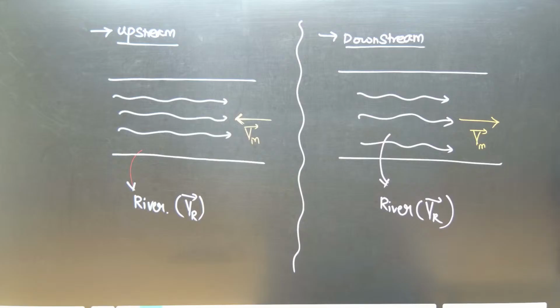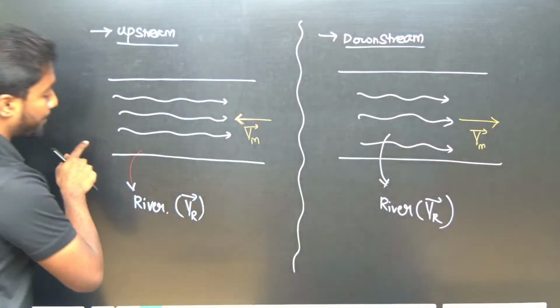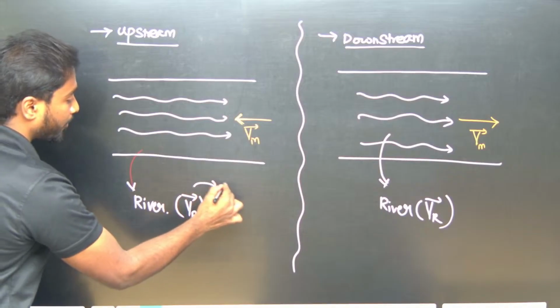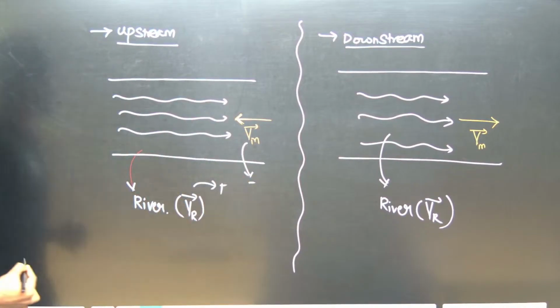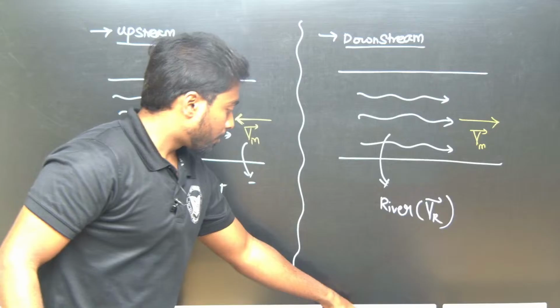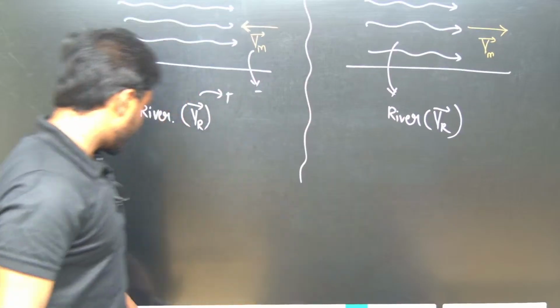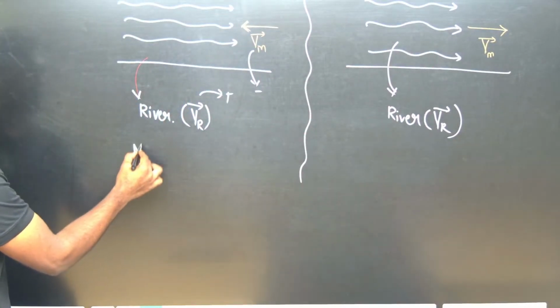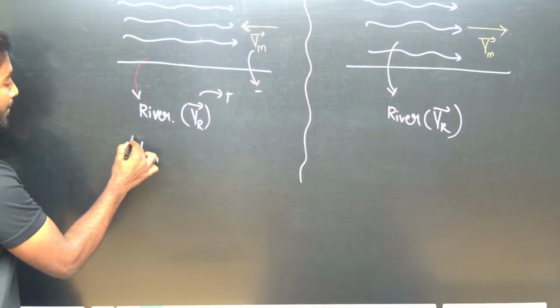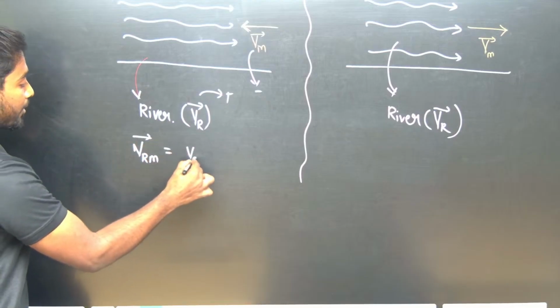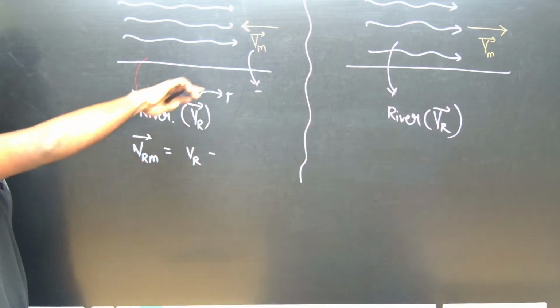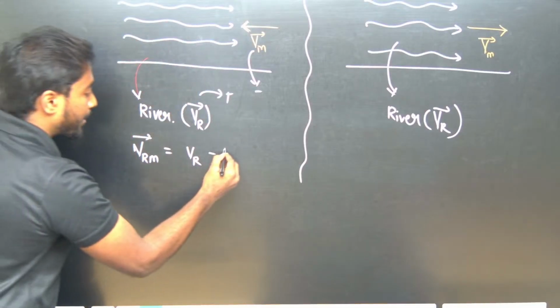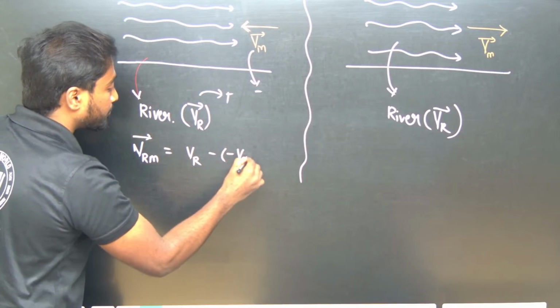The formula also will be the same. See, let me consider this is positive and this is negative. Now what will be the answer when I talk about velocity of river with respect to man? Velocity of river minus velocity of man in the opposite direction, so minus of minus Vm.